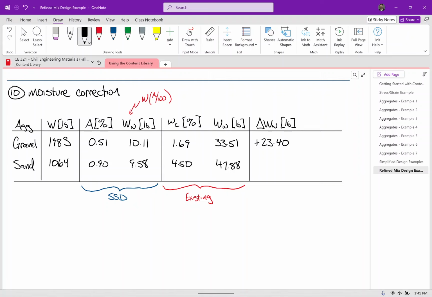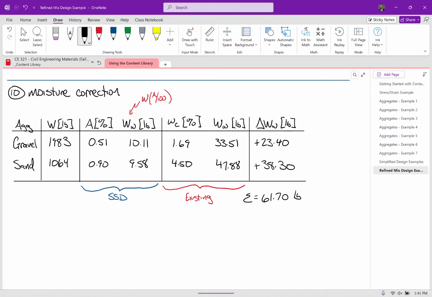I need your help with this one. 38.30. So if I were to sum this, what would I get? Is that 61.7 pounds? Did I get that right?